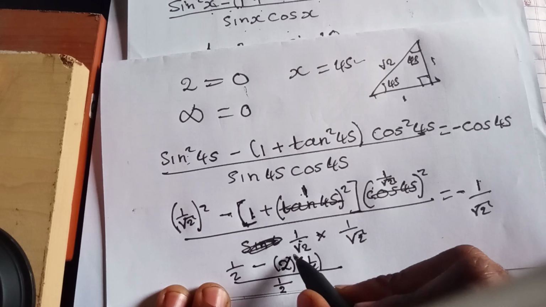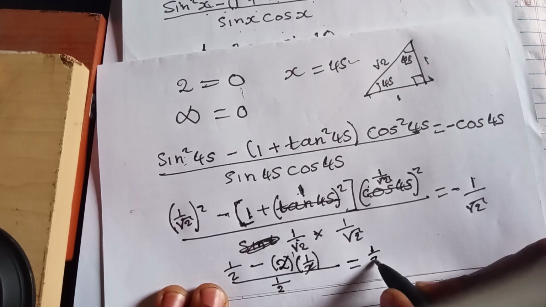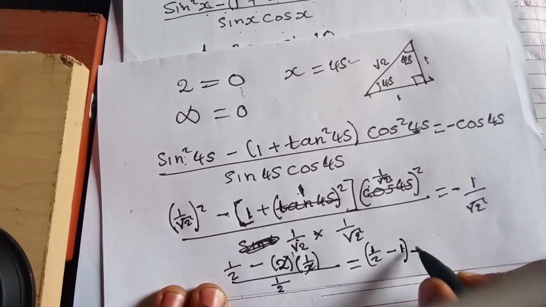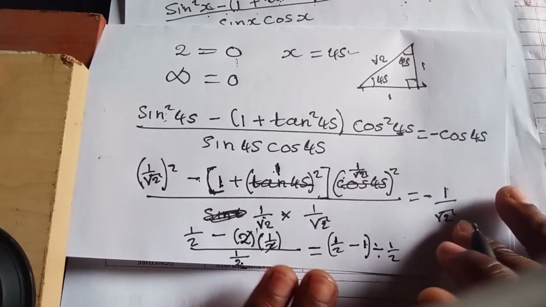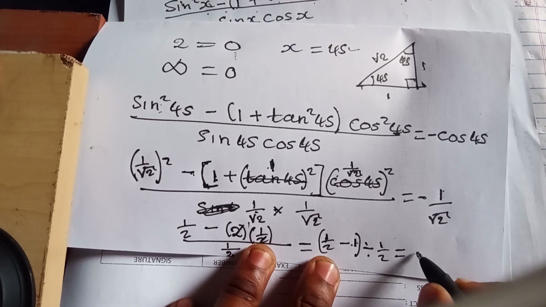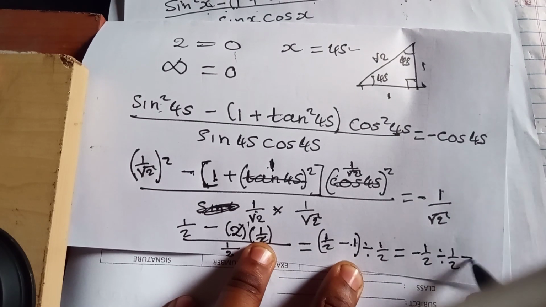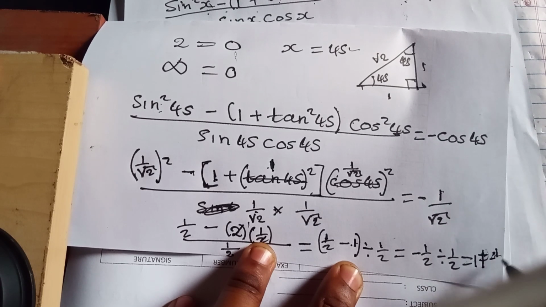So this one will give us a 1. So this will be a half minus 1, and then everything divided by this half there. So this minus this is negative half divided by half. This is giving us a 1, which is not equal to negative 1 over root 2. So this proves that the identity is not correct.